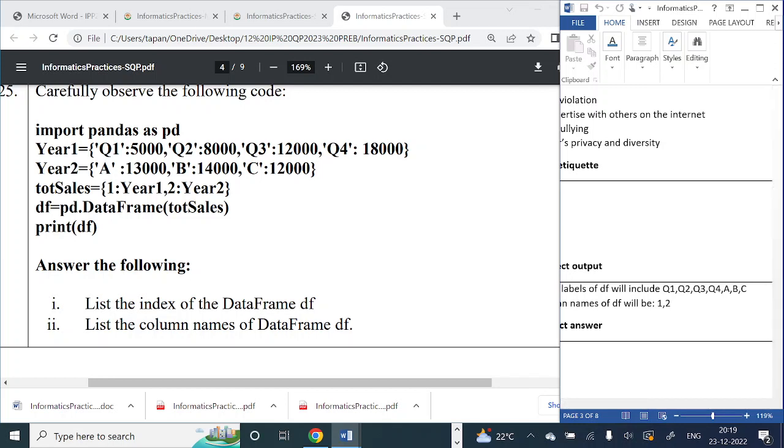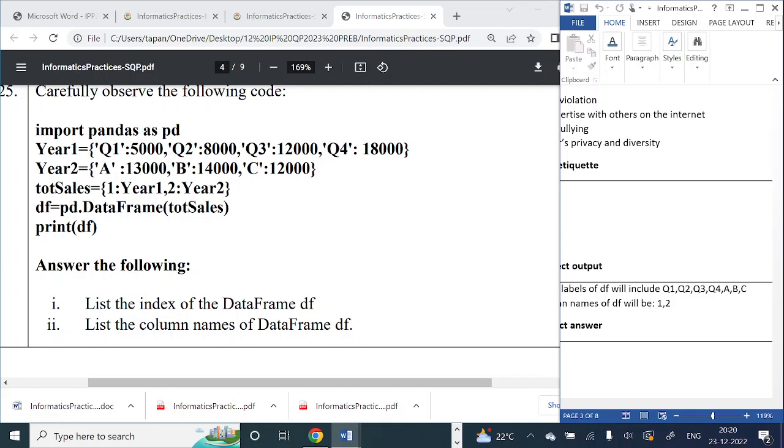Index will be your Q1, Q2, Q3, Q4, ABC, and the column names will be 1 and 2. So total sales is having year 1 here. So it will be created with Q1, Q2, Q3, Q4 as your index labels, and the column labels will be 1 and 2.